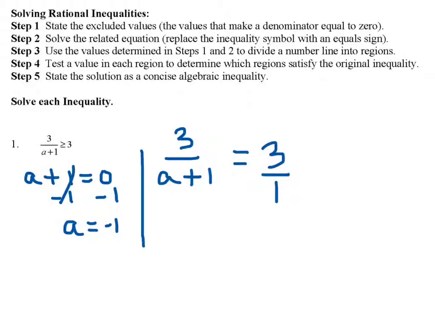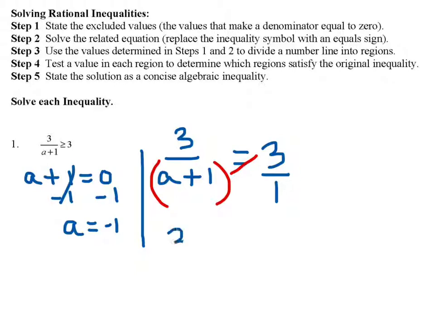When cross multiplying, we multiply the denominator on one side to the numerator of the other side. So I'm going to multiply 3 through to the a plus 1. Let's wrap parentheses around that so that we don't forget to distribute.